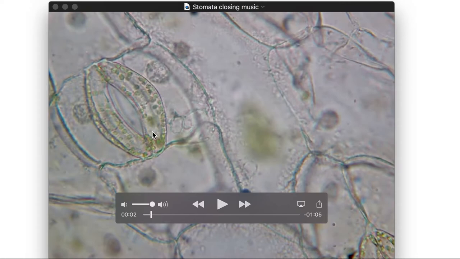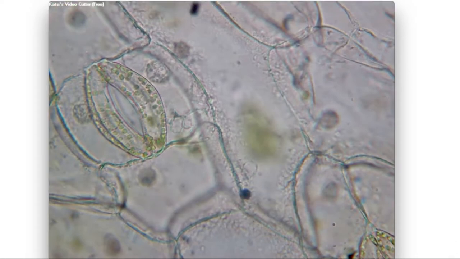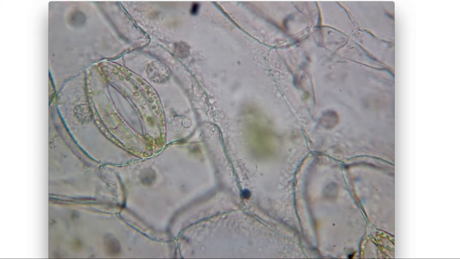All right, so as a treat, I'm going to show you a little video. And what you're going to see here, right here, this is a stomata inside of a plant cell. Look at what's happening to the stomata.